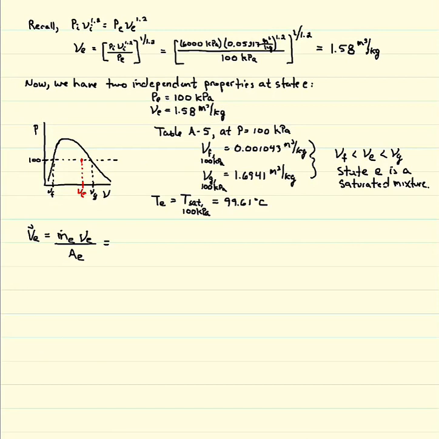So our exit mass flow rate, m dot e, is 15 kilograms per second. The exit specific volume is 1.58 cubic meters per kilogram.